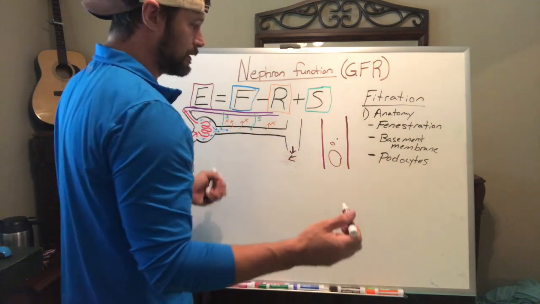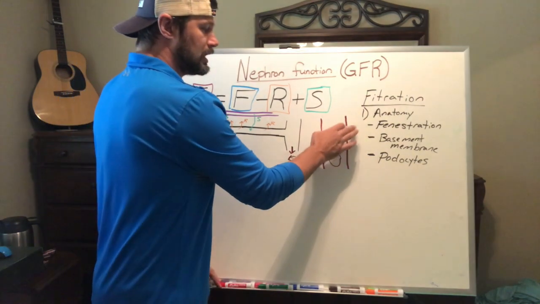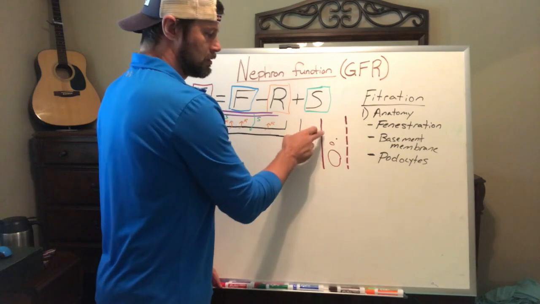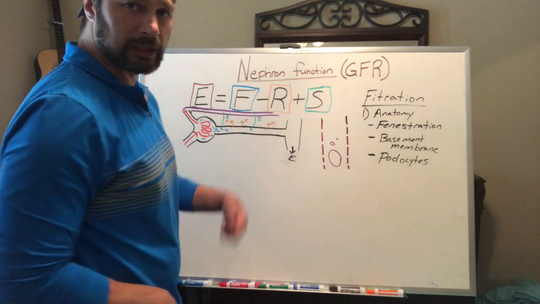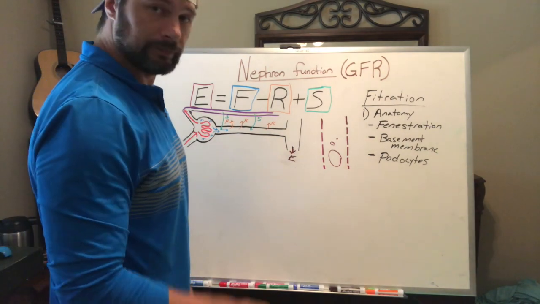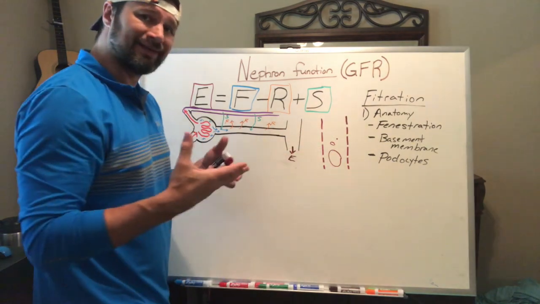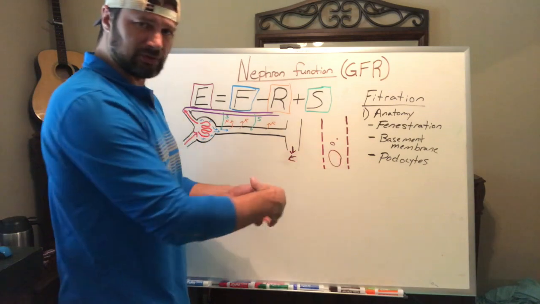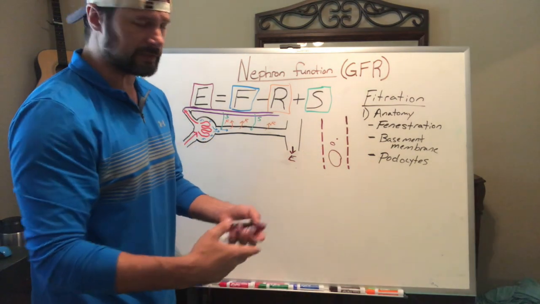Perfect. Awesome. Now, let's add some fenestrations. Let's put some holes in our capillaries. Now what can go through? Anything that's small enough. Is this big red blood cell going to be able to make it through? No. Are white blood cells and platelets going to be able to make it through?